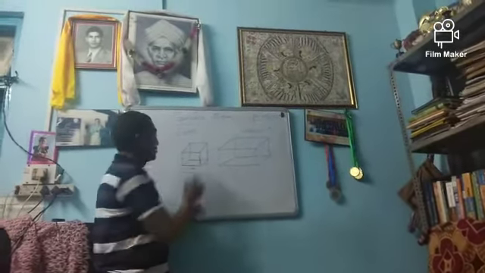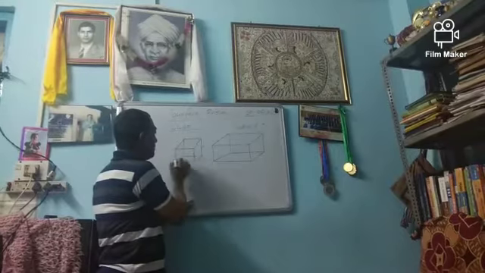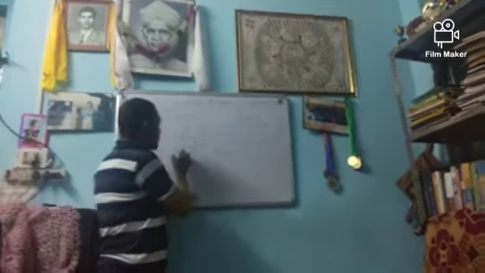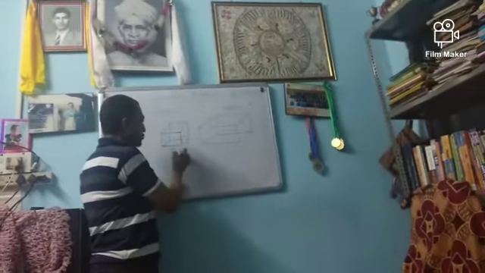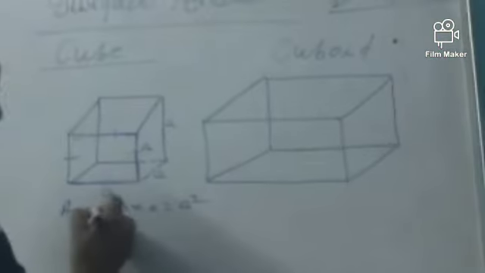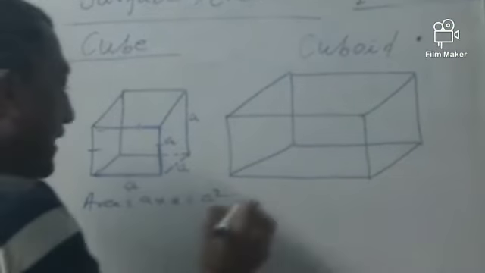Now, when you talk about the area, each part is a square. We know the square's sides are A and A, so A into A is A square. So the area of a square is A square.